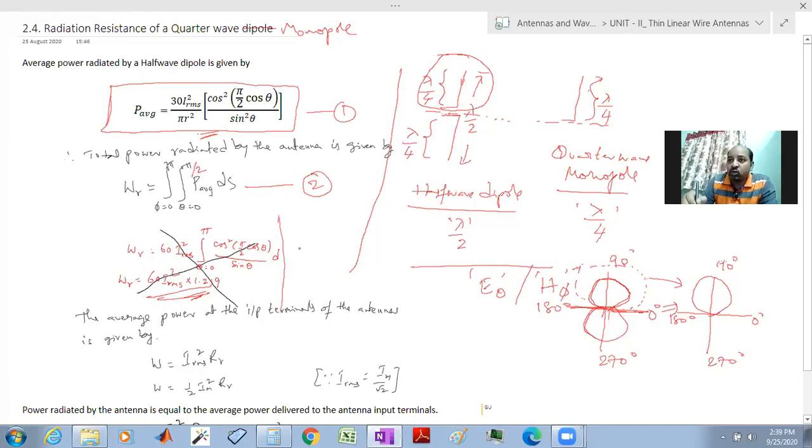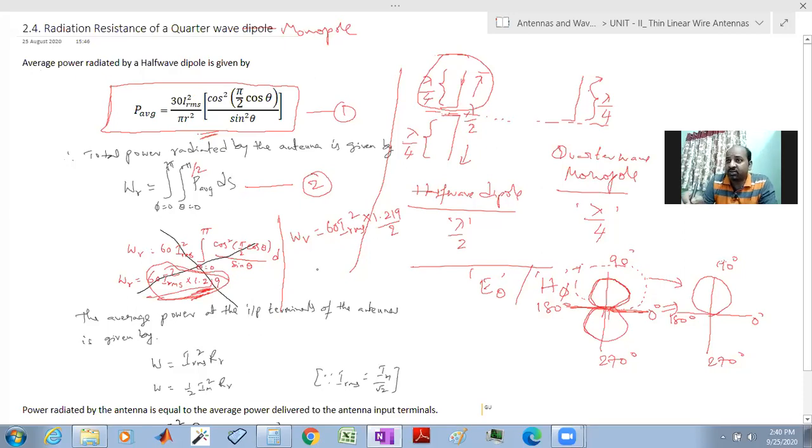And if you do so, what will we get here? WR for the half wave dipole is 60 IRMS square into 1.219, but for the quarter wave monopole it is 60 IRMS square into 1.219 divided by 2. That is the only difference, because the theta limits are 0 to pi by 2.